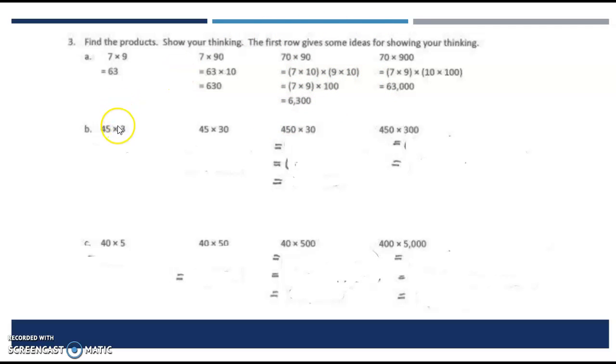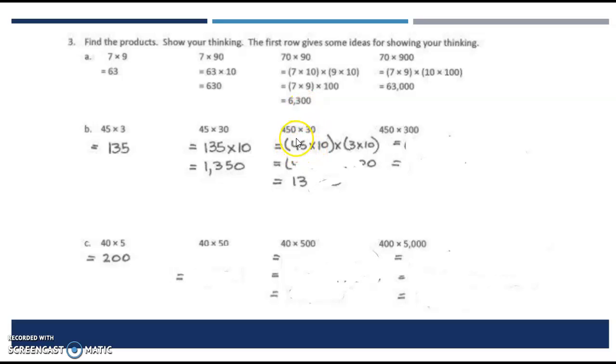While using decomposing as well as the associative property, now we're going to try B. 45 times 3 is 135. To decompose that, we take 135 times 10, which gives us 1,350. Now we're going to do 450 times 30.